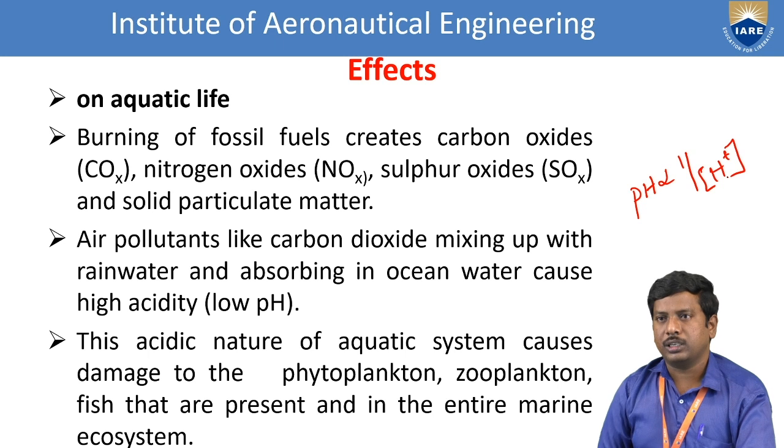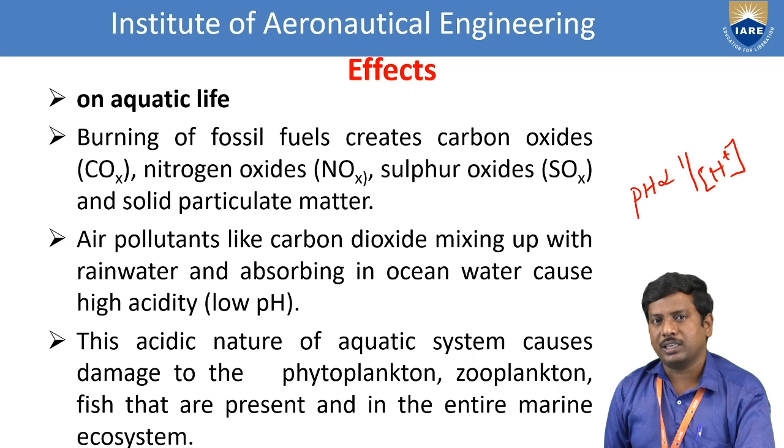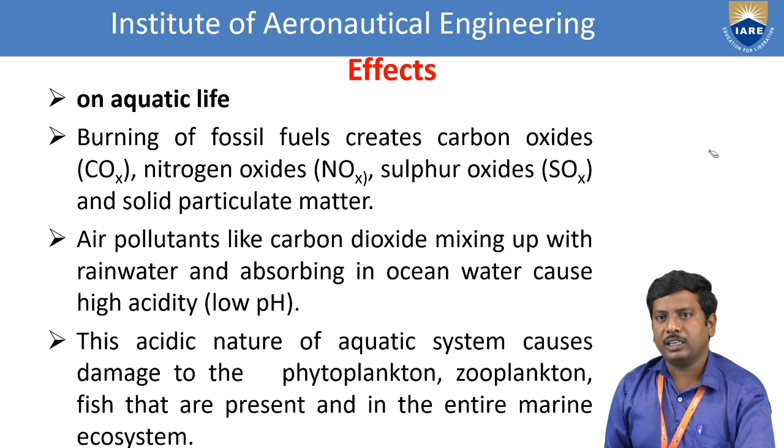According to the definition, pH is the reciprocal of the logarithm of the H+ concentration, or the negative logarithm of the H+ concentration. So high acidity means low pH. The acidic nature of the aquatic system damages phytoplankton, zooplankton, fish, and the entire marine ecosystem.